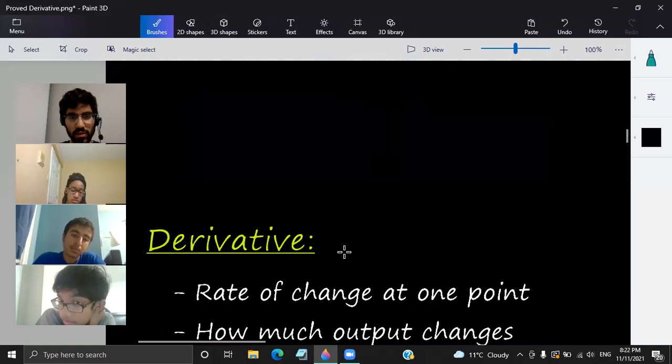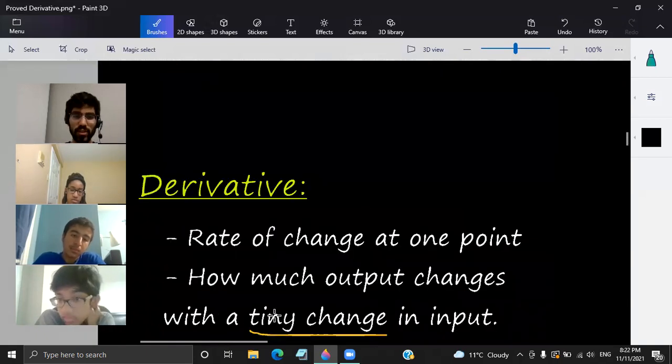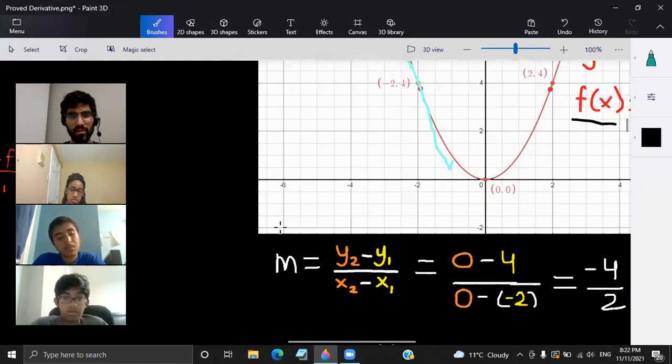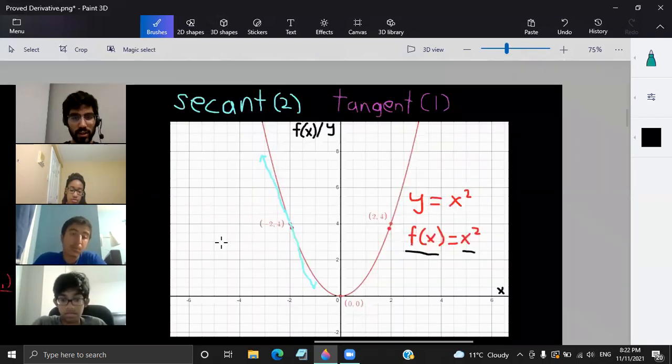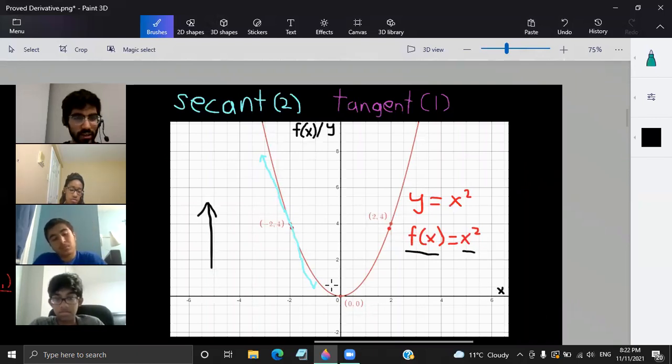It's how much an output changes with a tiny change in the input. Why is that? Take a look again. The output is on the vertical axis, so that's how much change we have in y. The input is x, so how much change do we have in x?